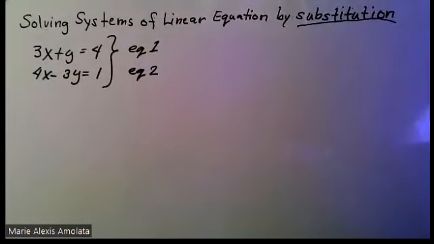Actually, pwede kang pumili kahit saan dyan. But let's start with the easier equation. So para sa akin, mas madali itong equation 1 kasi wala siyang negative, puro siya positive. Okay?